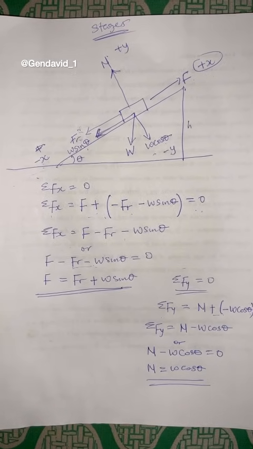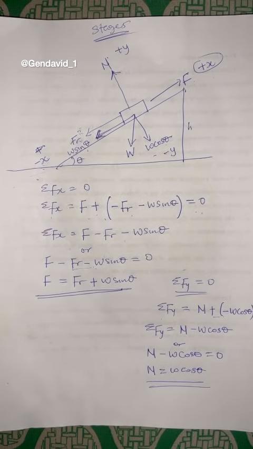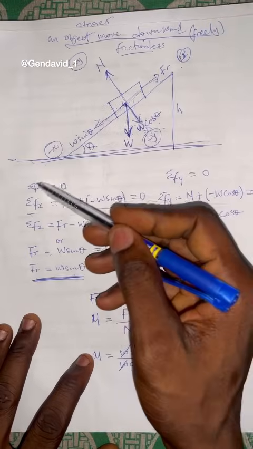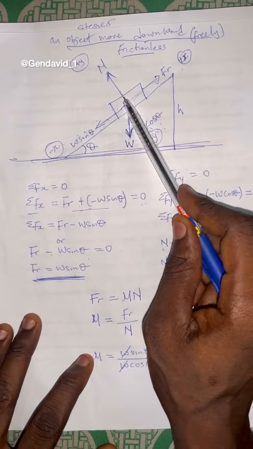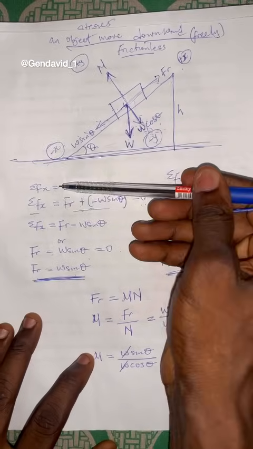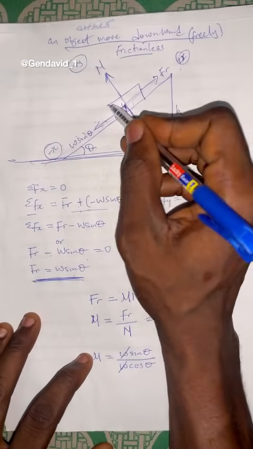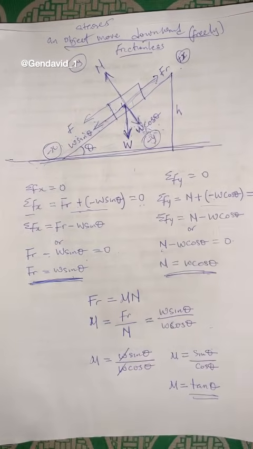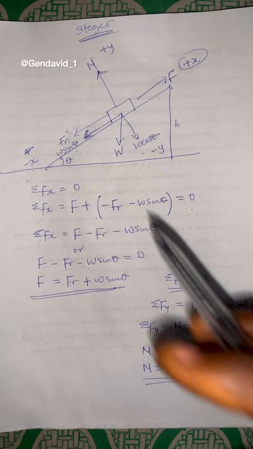The only exemption we have here is that there are some situations whereby they will tell you that a force is applied to push it down, for this case 4. So if a force is applied on this stage to push it down, then there will be an applied force here. That's the only exemption, which is the last stage, stage 6 rather.